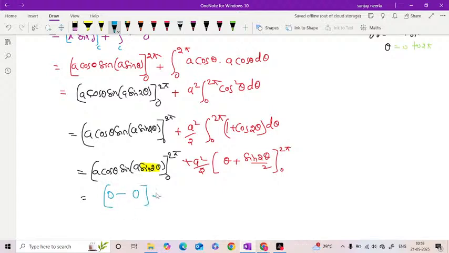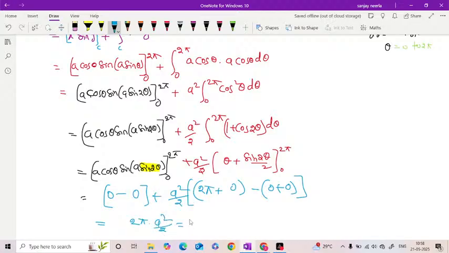This means the first integration result is 0. For the second integration, theta is 2 pi, and sin of 2 pi is 0, minus 0 plus 0. So the result here is 2 pi into a square by 2, so pi a square is the result.